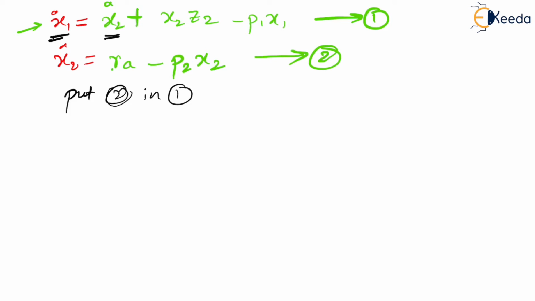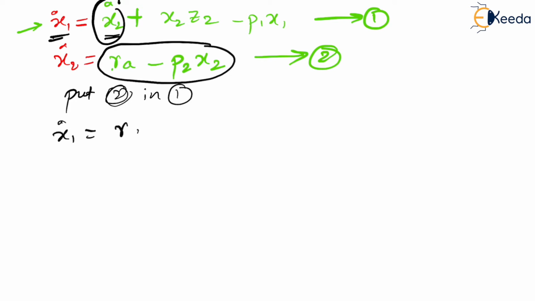So x1 dot is equal to, in place of x2 dot you put this equation: Ra minus P2 x2, plus x2 z2 minus P1 x1.